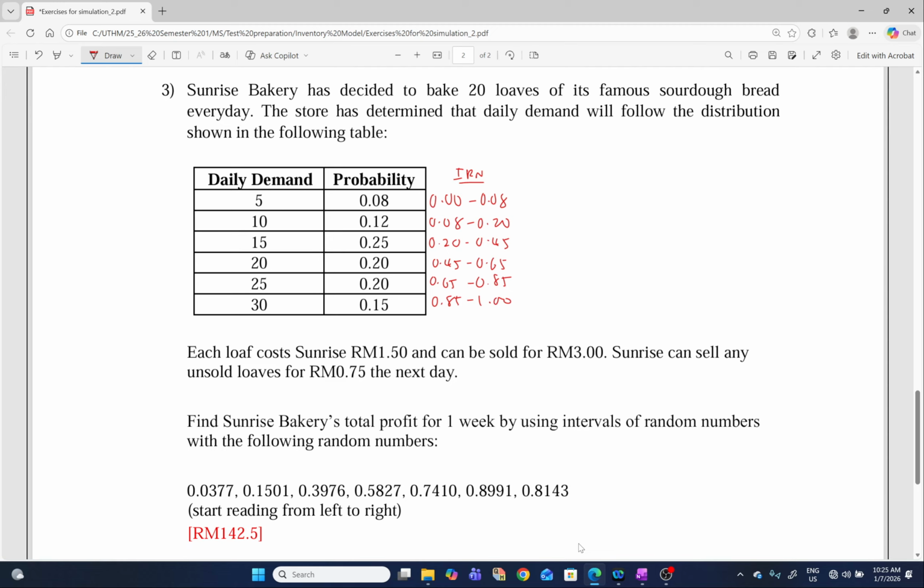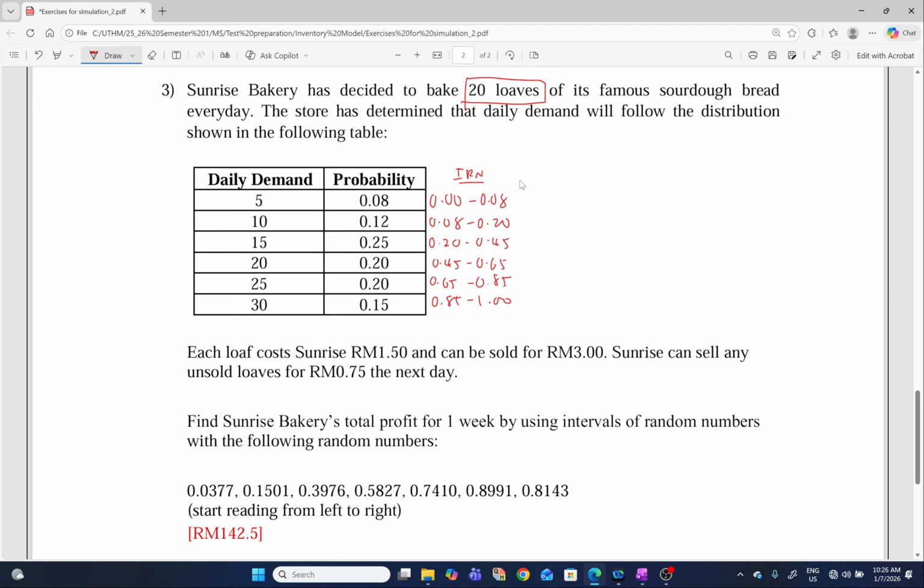Alright guys, so let us read the question. Sunrise Bakery has decided to bake 20 loaves of famous sourdough bread every day. Okay, dia nak buat 20 dalam bahasa Melayu apa roti roti panjang tu. So setiap hari dia akan buat 20 loaf of roti saja.